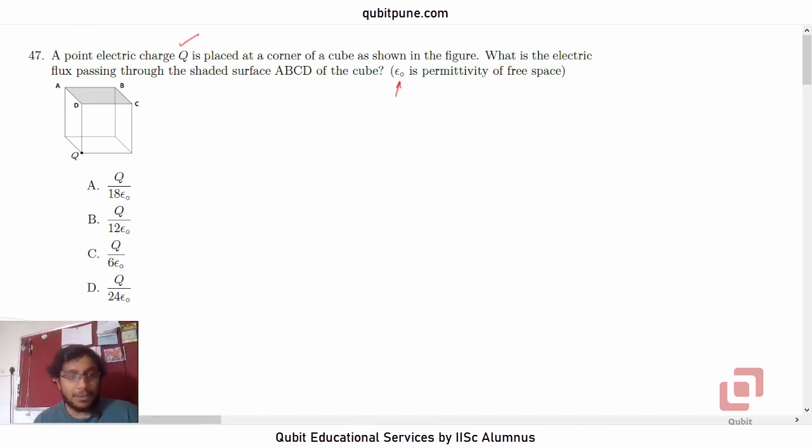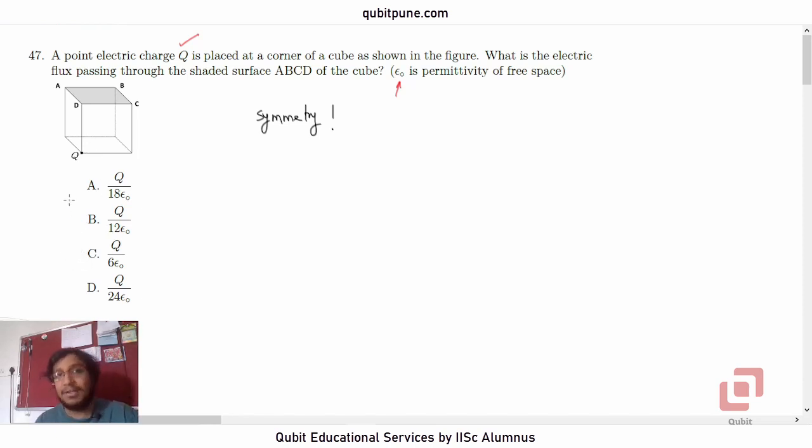Now if you look here, the problem looks not as straightforward as other problems on calculation of electric flux, because all those problems try to exploit the symmetry. But here there seems to be, at least now, no sign of any kind of symmetry, because this point charge is situated at one of the vertices, and it is not even situated at the midpoint of the bottom face.